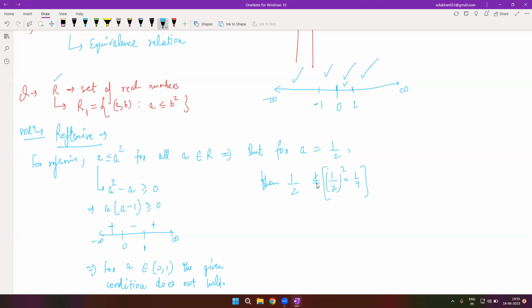So 1 by 2 is not less than or equal to 1 by 4. So for the value of A as half, this condition does not hold, hence not reflexive. Because we found one value where the given condition does not hold.